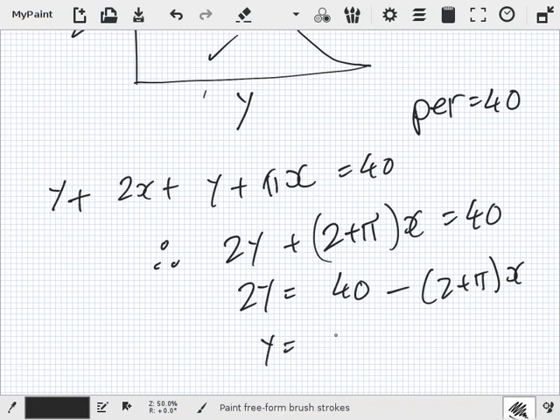So finally, y should equal 40 over 2 minus (2 plus pi) over 2 x. Okay, did you write that down? So that answers the first part.